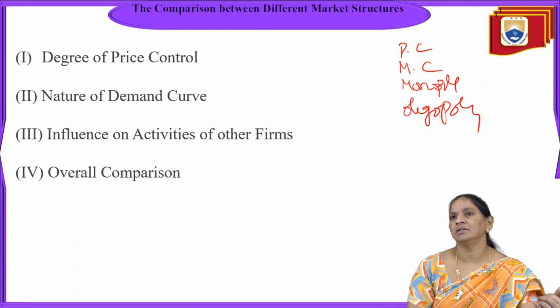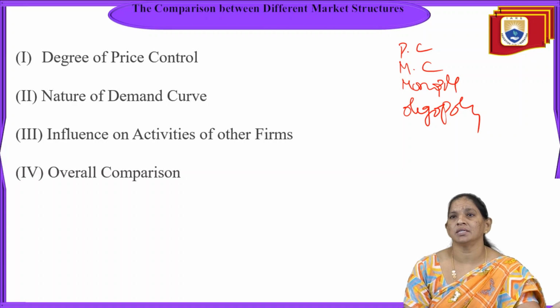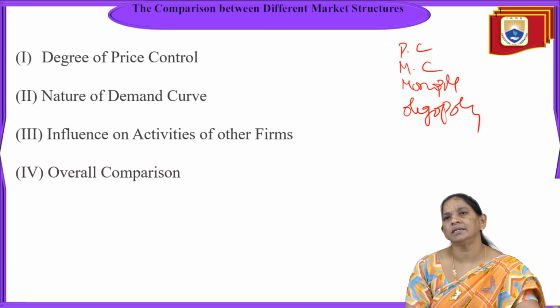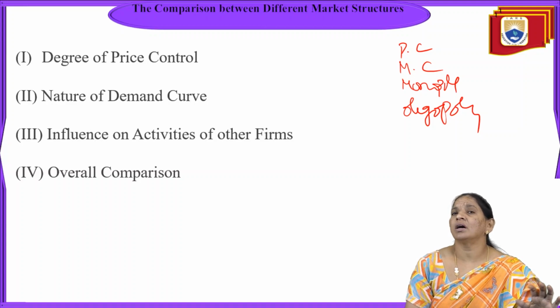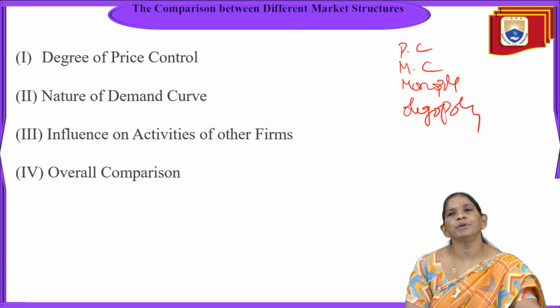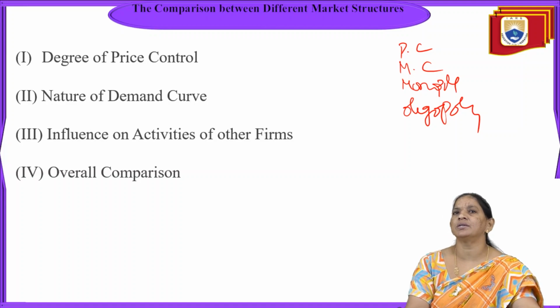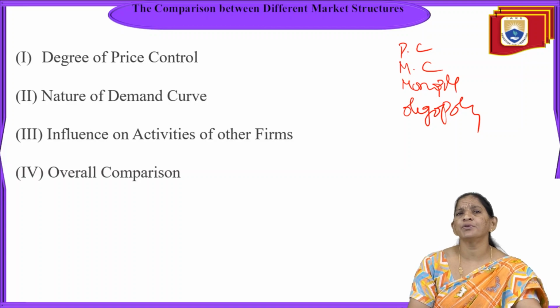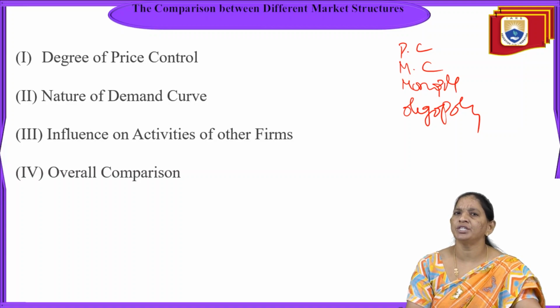But when you come to the monopolistic market, which is one type of imperfect competition, there is a large number of buyers and sellers with product differentiation. The product is not homogeneous or identical. There may be differentiation in the features of the product, the price of the product, the quantity of the product. So differentiation will be there.